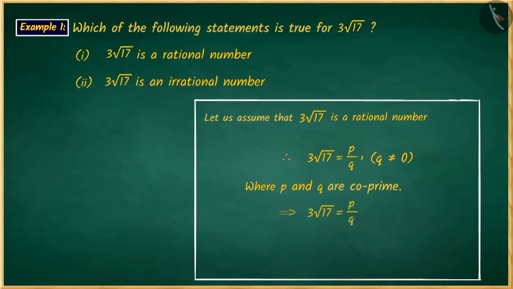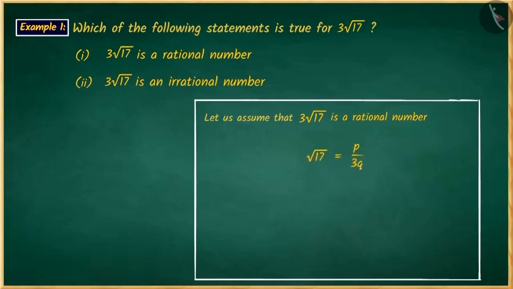If we rearrange this, we will get square root of 17 is equal to P upon 3Q. You may remember that the division of rational numbers is also a rational number. Thus, since P and Q are rational numbers, the value on the right side, which is P upon 3Q, is also a rational number.